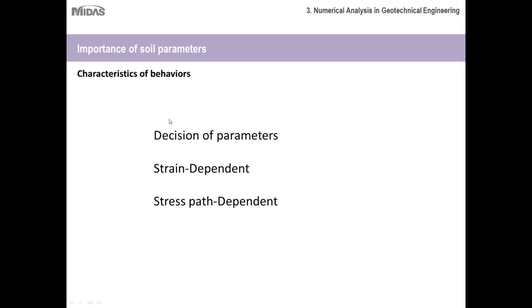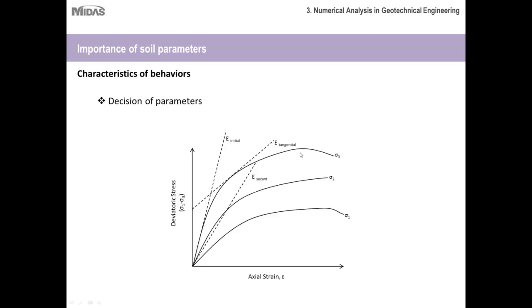Characteristics of behaviors. We need a decision of parameters, whether they're strain dependent or stress path dependent. So let's go into more detail about this. One of the things to remember about the behavior of soil is that it's nonlinear, which makes it harder to predict. If you take a look at this graph here, as axial strain increases, the deviatoric stress will increase linearly up to a point, and then it'll start to taper off.